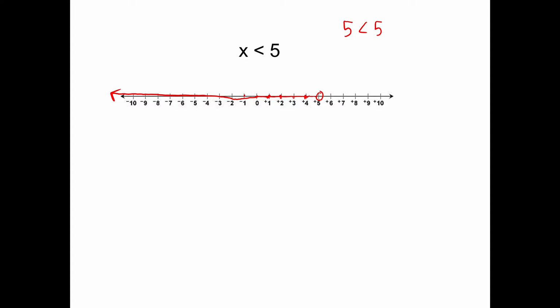I could use, for example, 4.5. I know that 4.5 is less than 5. I could use 4.9 because I know that 4.9 is also less than 5. So the open circle tells us that this number, in this case 5, is not a solution to this inequality, but every number up to it is a solution.